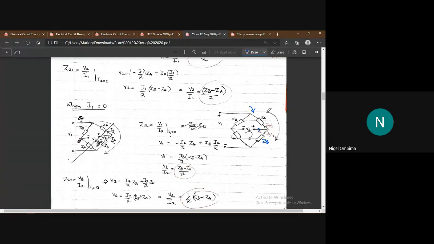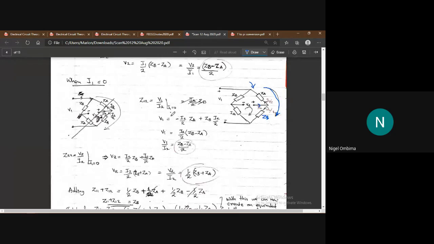So I considered the first loop, I considered this outer one, whereby V1, this loop, V1, because we still have V1 over here, is equals to negative I2, because we're going against this current, ZA plus ZB, I2 over 2.